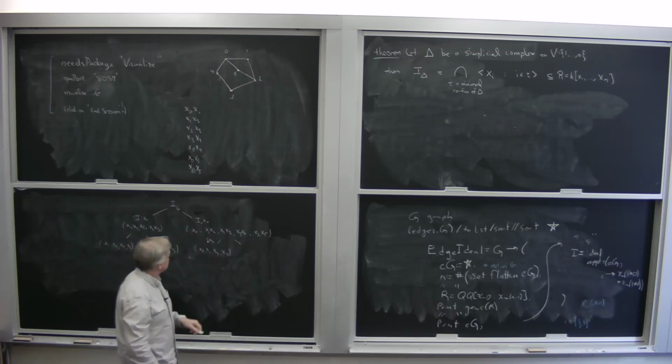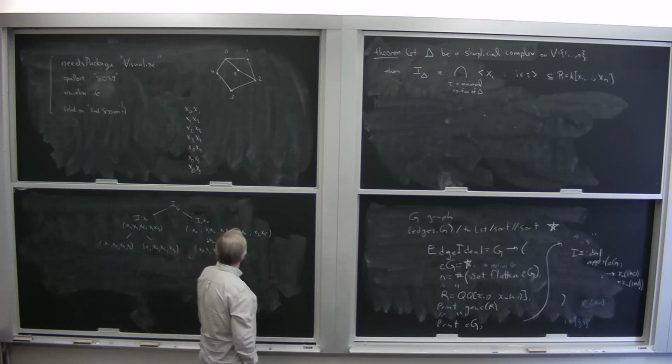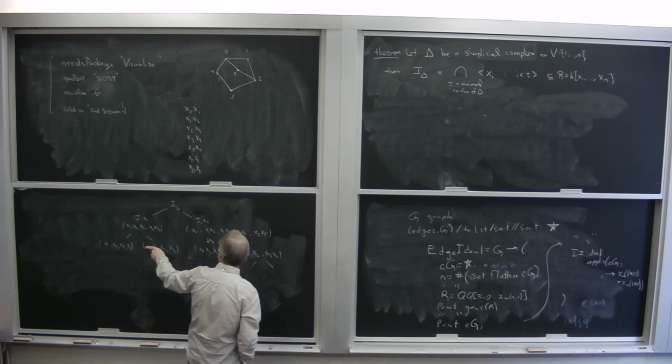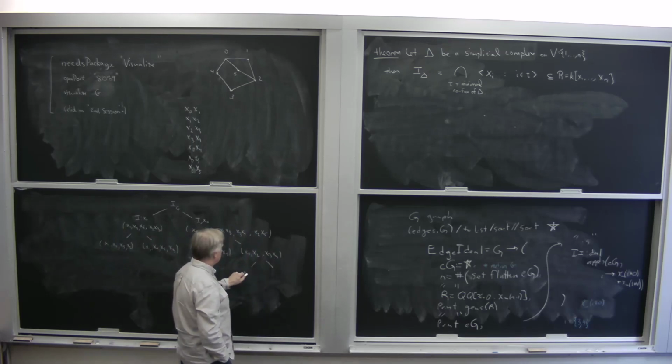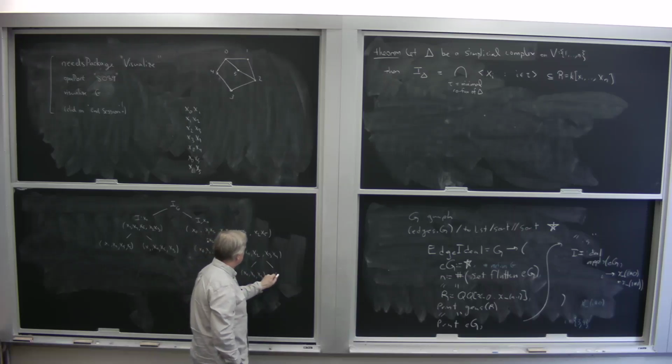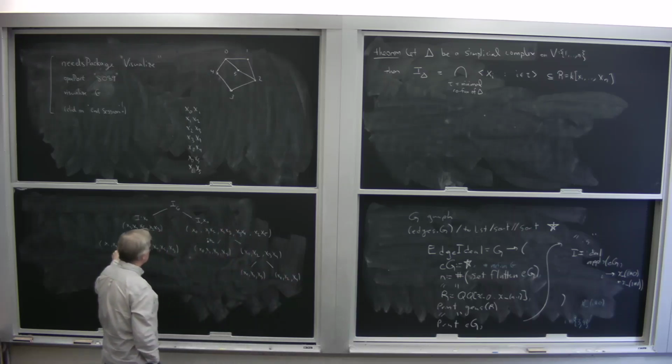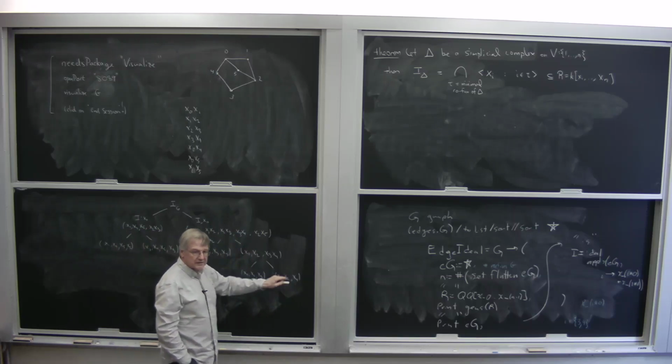That's already there. And then what do I get here? I add x2 in, and now I get x0, x2, and now I get x3, x4. And this splits up into two, just like that one did over there. That's x0, x2, x3, and x0, x2, x4. So actually, it's the intersection of these 5 things.